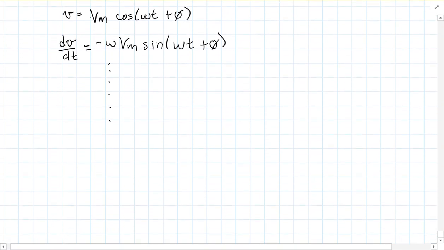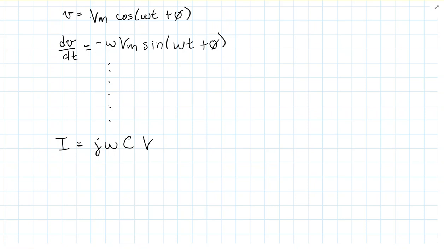Now, it is going to be slightly different because what we're going to wind up with here is that my phasor current is equal to j omega C times my phasor voltage. And we have to be careful here. I mean, this is fine. There's nothing wrong here. But this isn't an Ohm's law type relationship yet, because remember, voltage is equal to something times current for an Ohm's law.